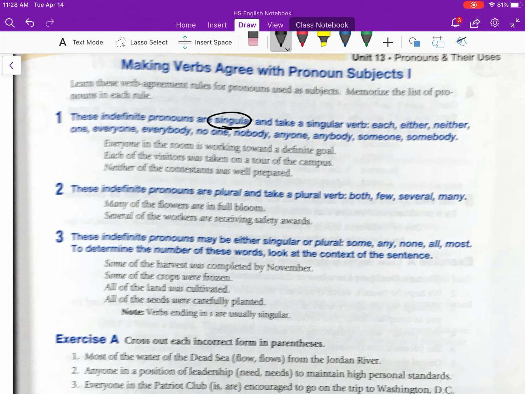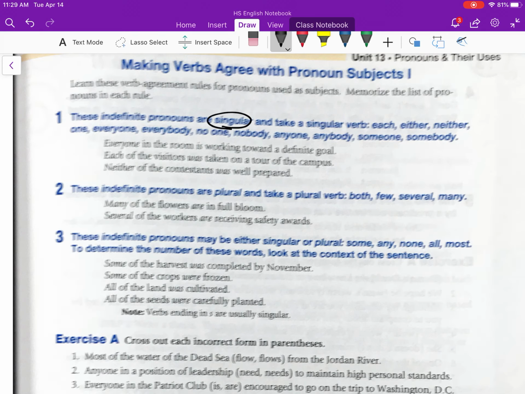Then the second grouping is going to be plural. They are both, few, several, and many. And quick note here, if you try to imagine when you're using these two different kinds of pronouns, the singular indefinites and the plural indefinites, you can see why one of them is singular and one of them is plural. In the case of the singular ones, if you say each of the contestants, you actually mean each individual person did something.